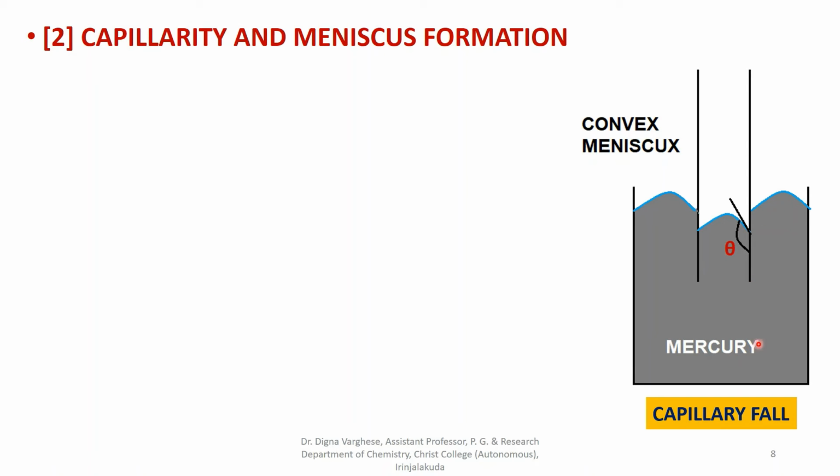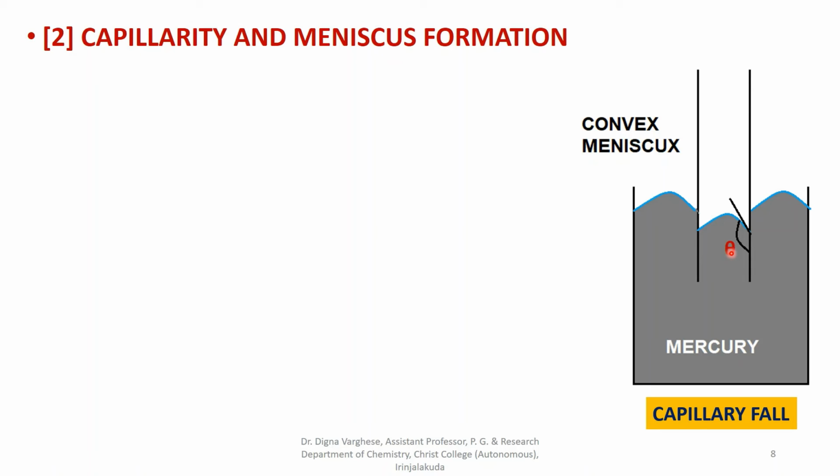In mercury there is strong metallic bonding, that is a cohesive force, and there is adhesive force between mercury and the glass tube. There are two forces acting. One is cohesive force within the mercury atoms, and the other is adhesive force between the mercury and the glass. Here the cohesive force is stronger than the adhesive force.